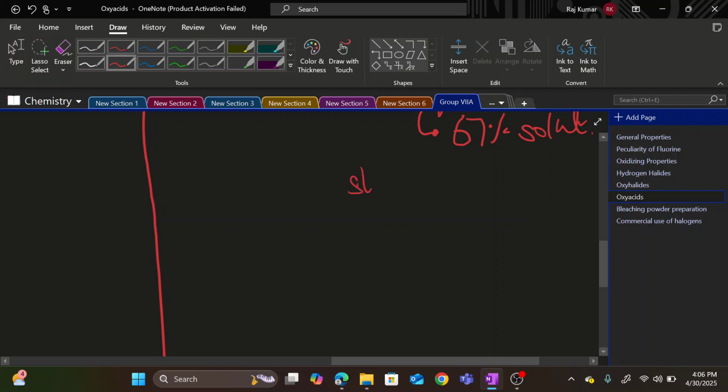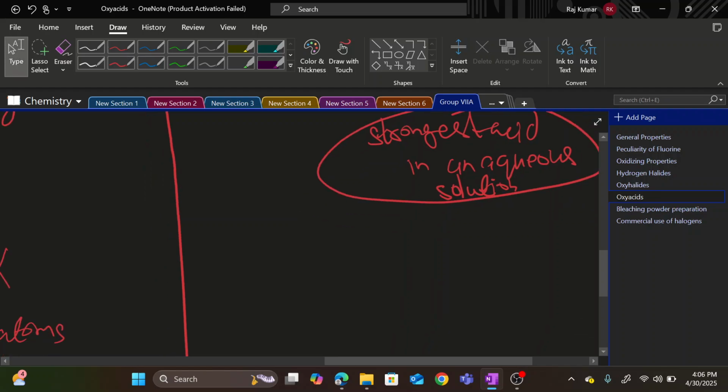It's the strongest acid in an aqueous solution.